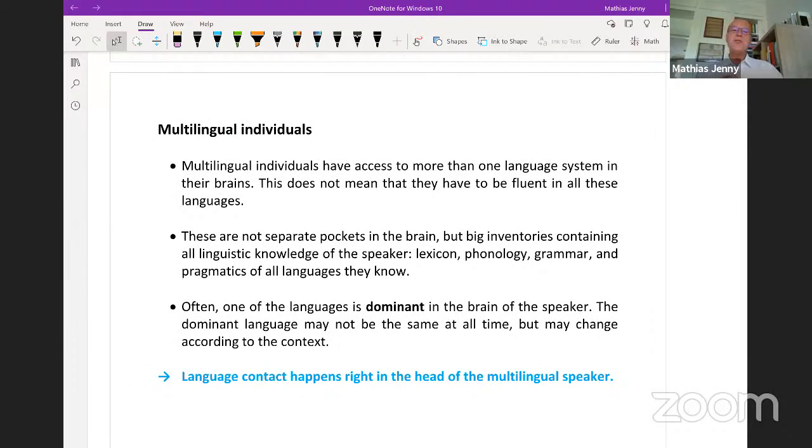Now, if you have a closer look at multilingual individuals, people who speak or have access to more than one language system in their brain. A very important point is that to be considered multilingual does not necessarily mean that you are fluent in all these languages.